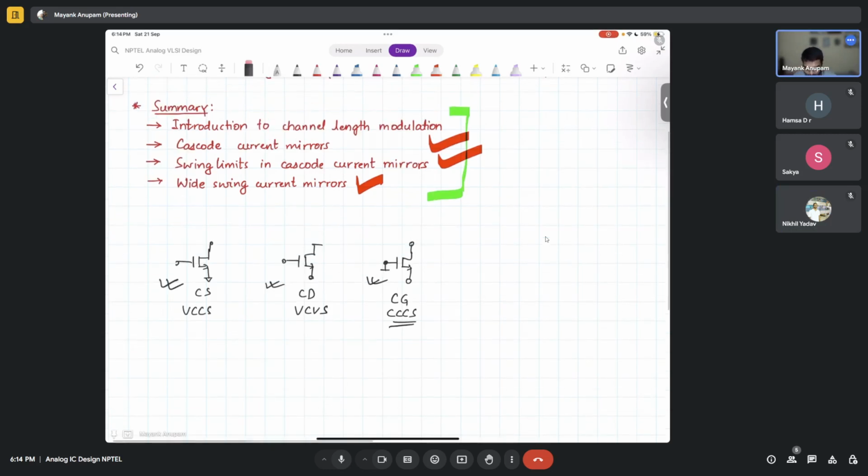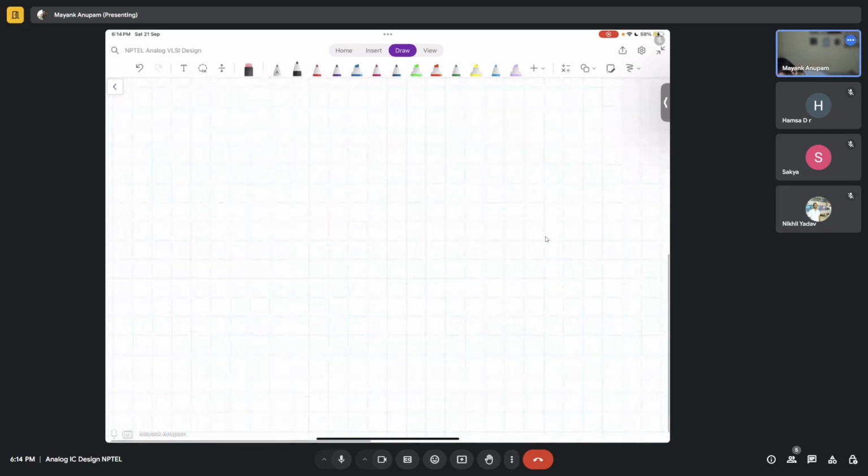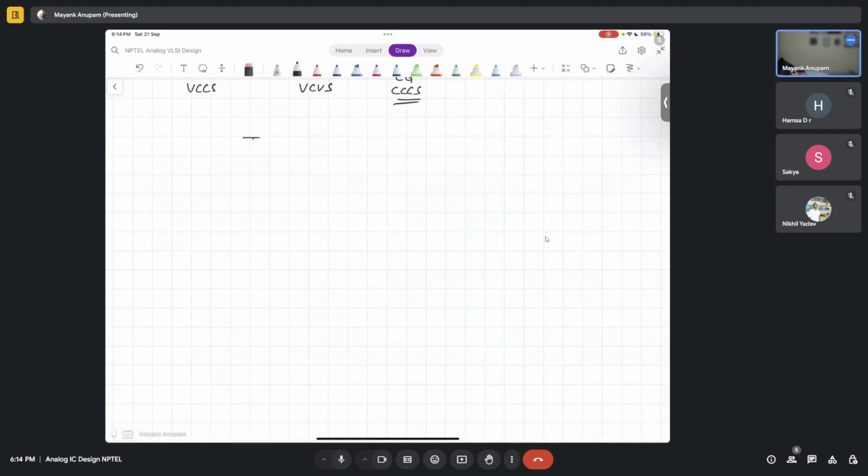One more thing: what is the difference between normal gain and intrinsic gain? Are they the same or different? Let's say you have this circuit.